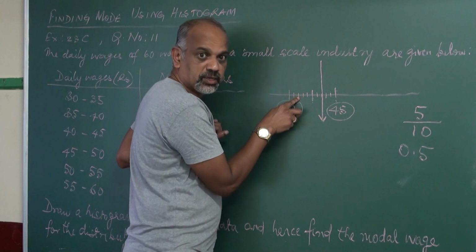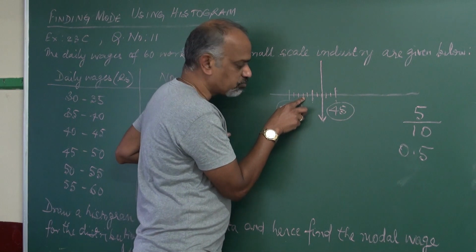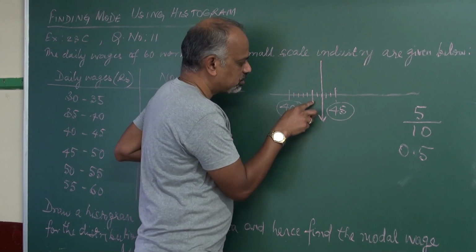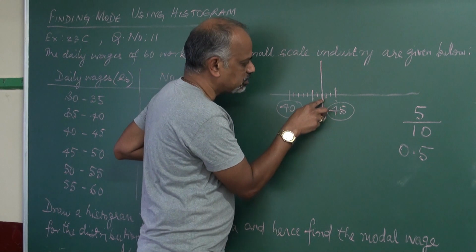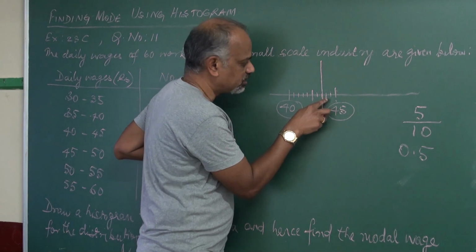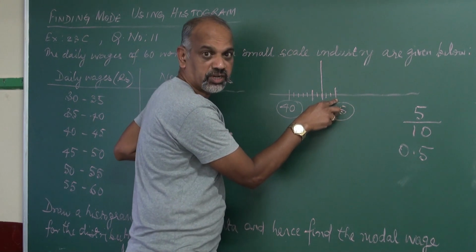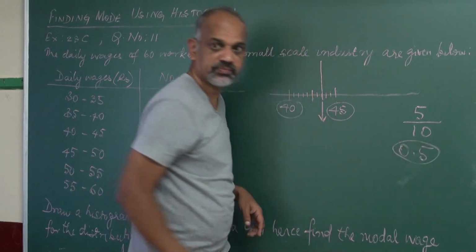Next one is add 0.5 more with 40.5, that will give you 41. This is 41.5. This is 42. This is 42.5. This is 43. This is 43.5. This is 44. This is 44.5. And the last one is 45. So every time you will add this 0.5.